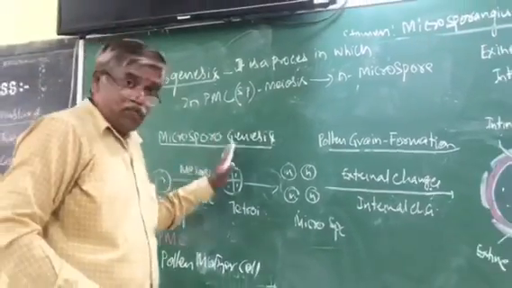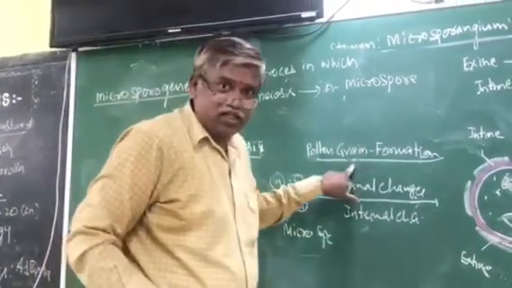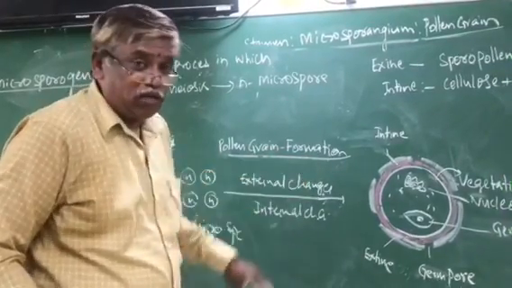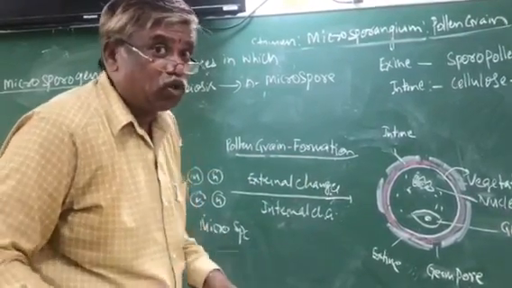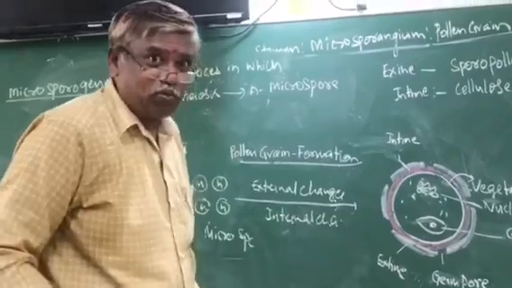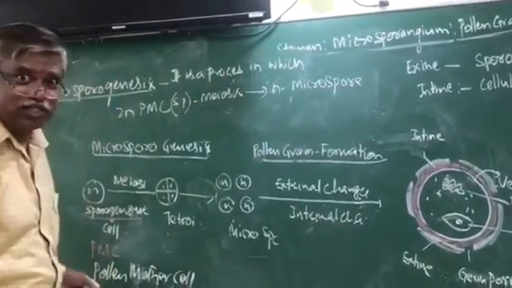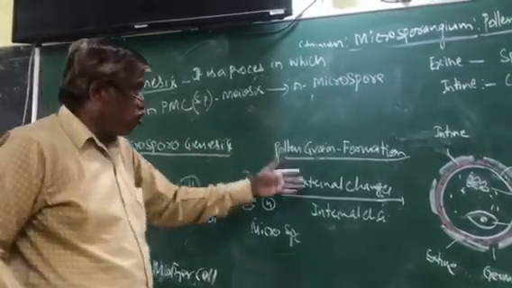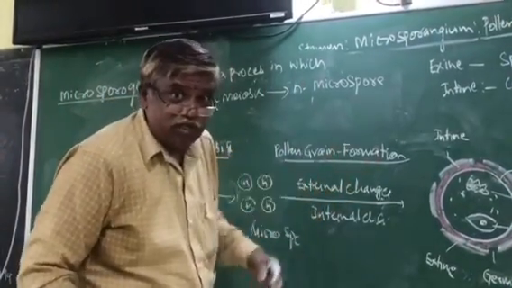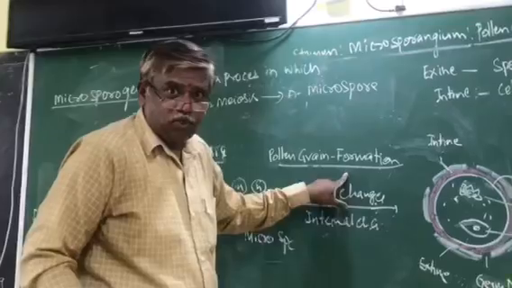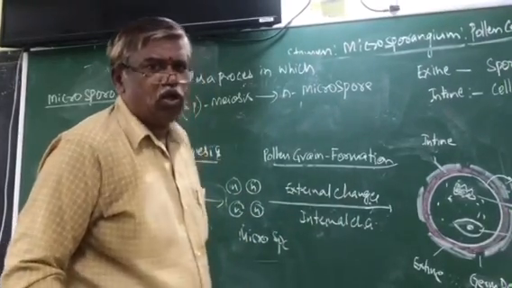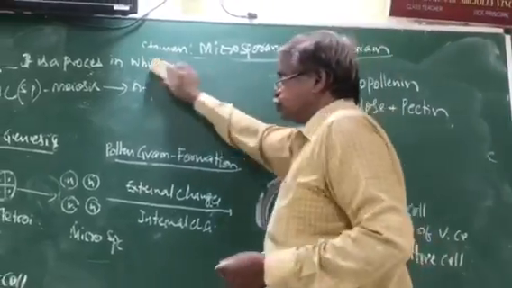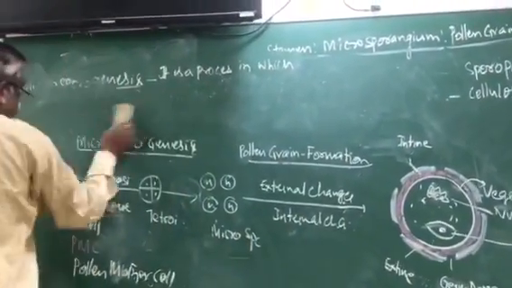This first event is called microsporogenesis. Now this event is continued by another event, that is pollen grain formation. The pollen grain formation begins with the microspore. The sporogenous cell has been converted into a microspore. Now the next event is pollen grain formation, which starts with the microspore.